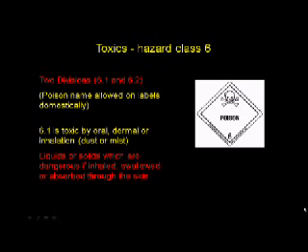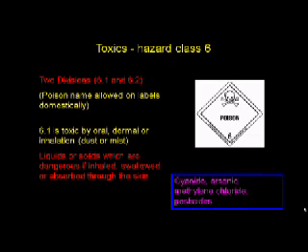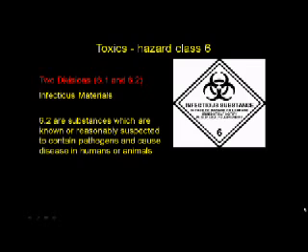Hazard class 6 are broken into 2 different divisions, 6.1 and 6.2. These are toxic materials. The word poison can be used synonymously. So this includes chemicals like arsenic and cyanide. 6.2 are infectious materials, materials that contain pathogens.